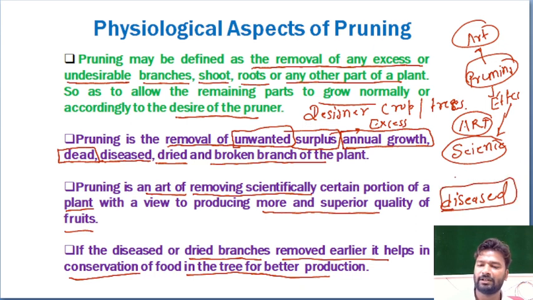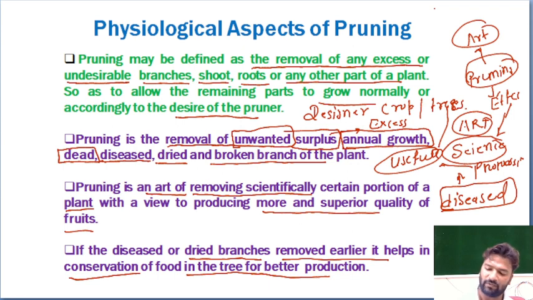They also take the photo assimilates, and that is not useful. So it is a wastage of our plant resources. So if we remove the diseased or dried branches in time, it helps in the conservation of food in the tree for better production.